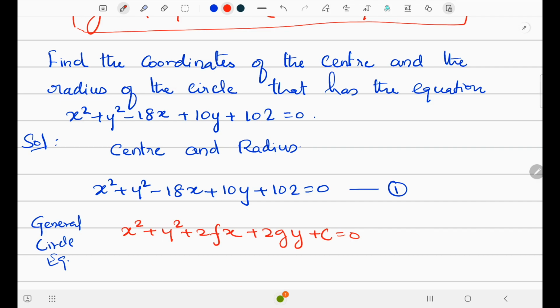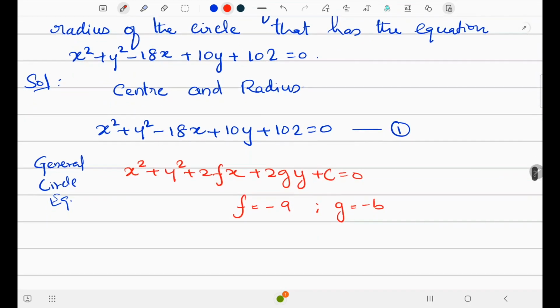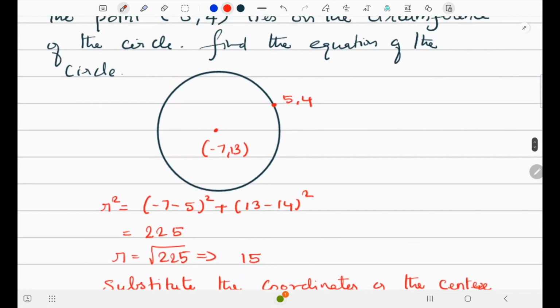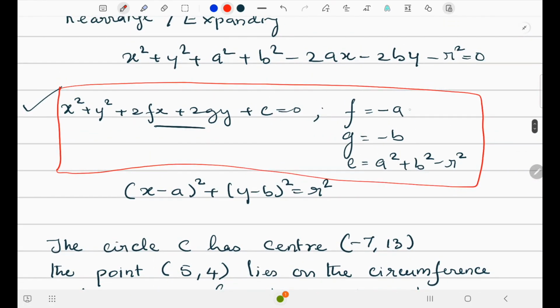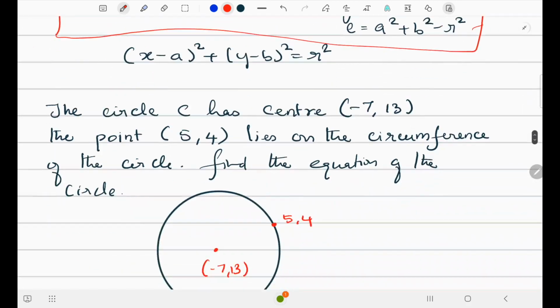So here we need to find the center and the radius based on the general equation. Here f equals minus a, g equals minus b, and c equals a square plus b square minus r square. This is the same as before, I already told you. So this is the f, g and c.